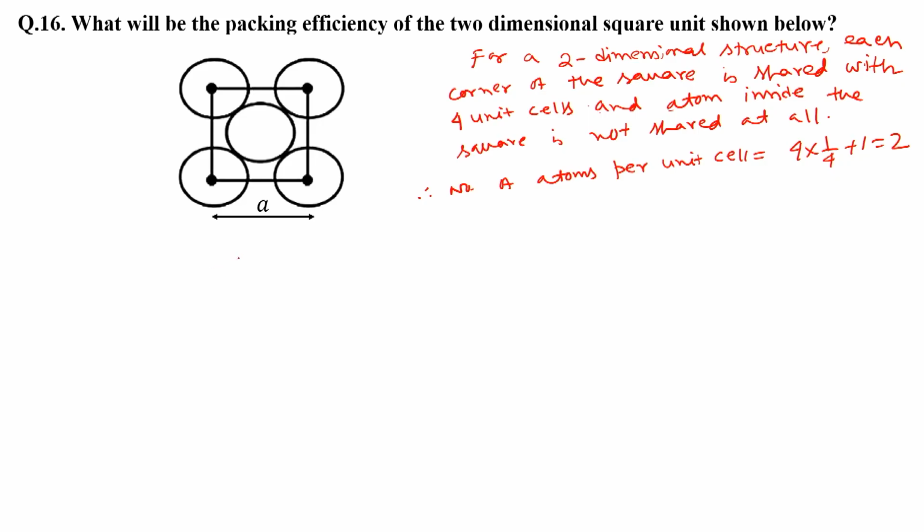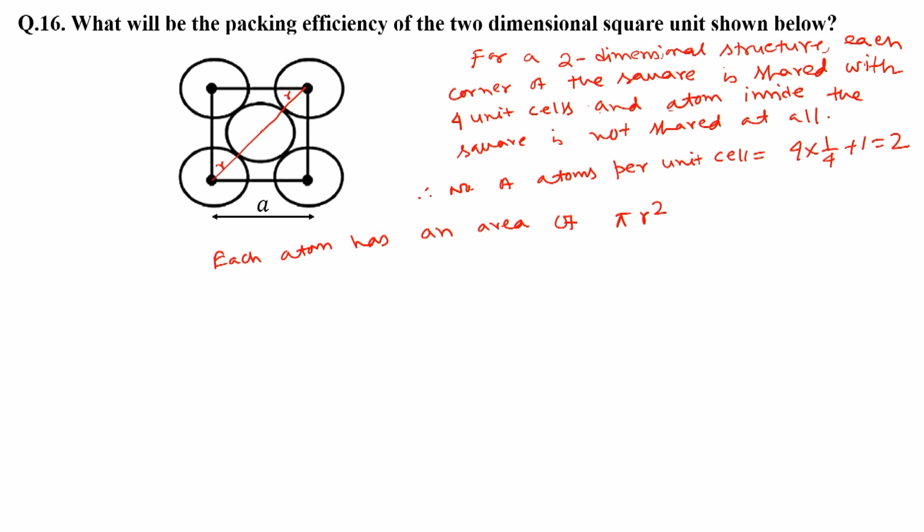Now again, each atom has an area of pi r square. So this is r here, and if we draw a line like this, this is also r.